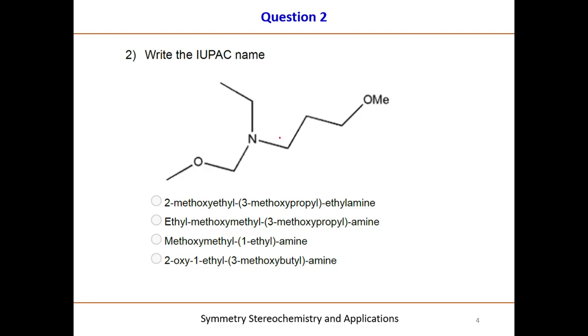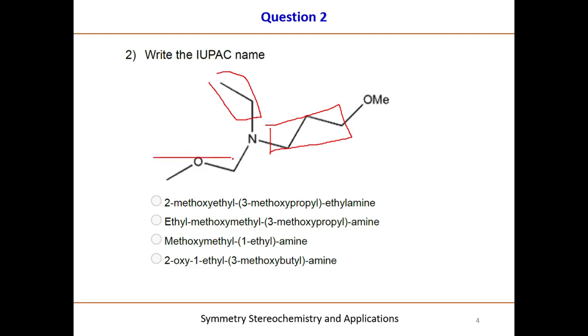Yeah, this one. As I told you, you have to find out the longest linear carbon chain. In the case of a linear carbon chain, if any other atom is present, it will not be considered a linear chain. Here we can see we have a three carbon chain, and here we have two carbons.